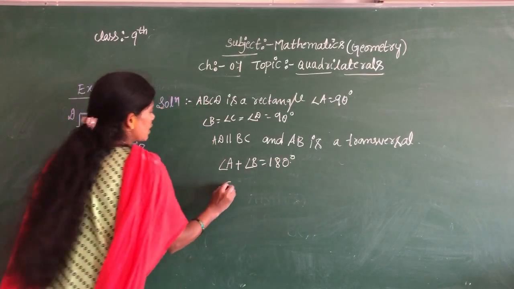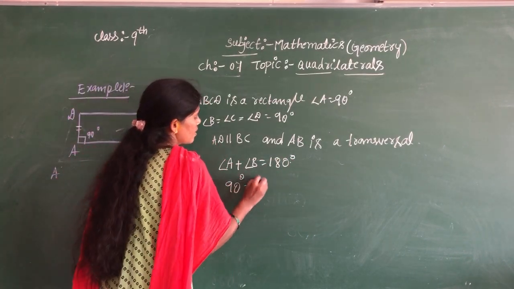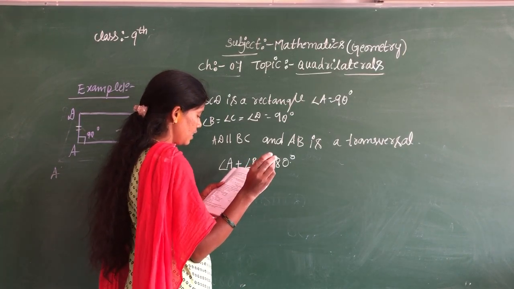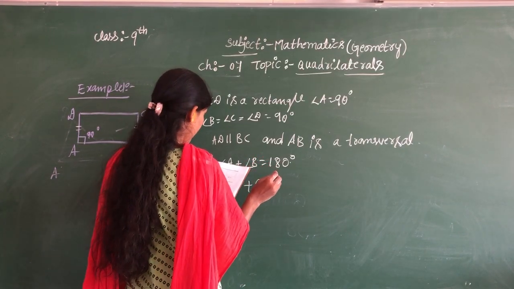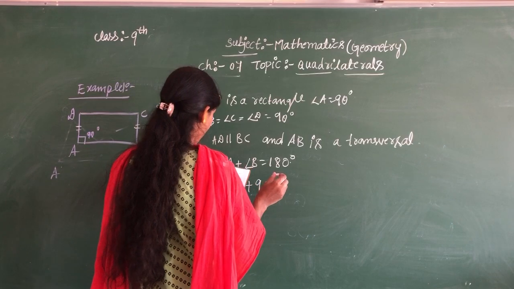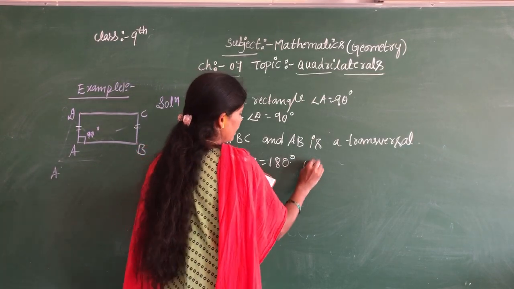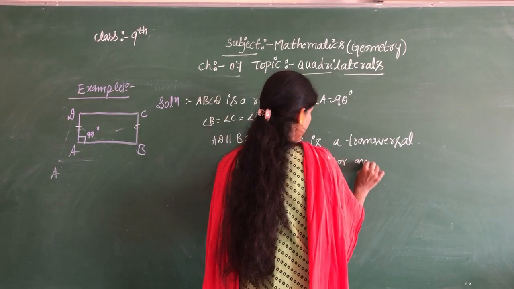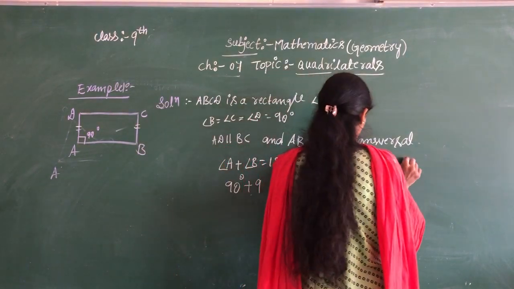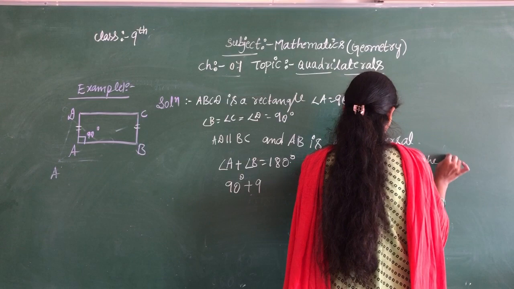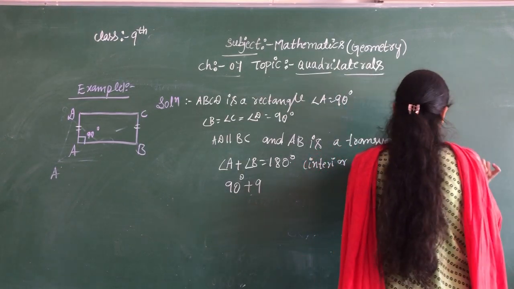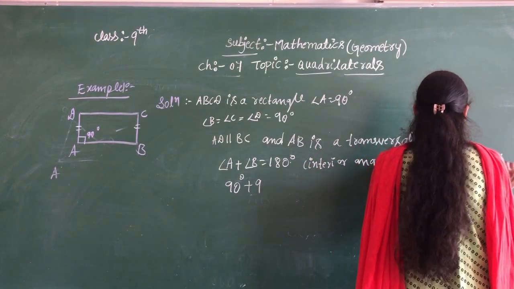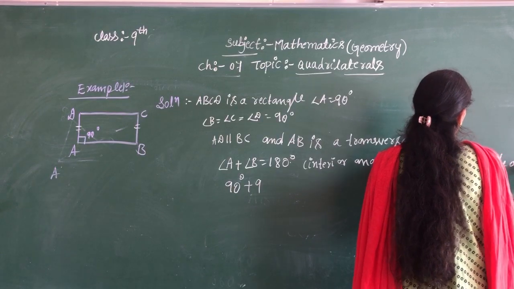So this is 90 degrees plus this is another 90 degrees. The reason is interior angles on the same side of the transversal.